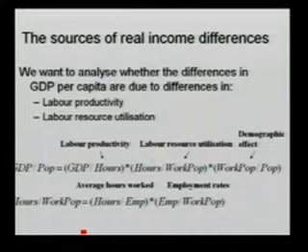On the left side, we have just the definition of GDP per capita. GDP per capita can be decomposed in three parts. The first part means how much the economy is able to produce in an hour, what we call labor productivity.